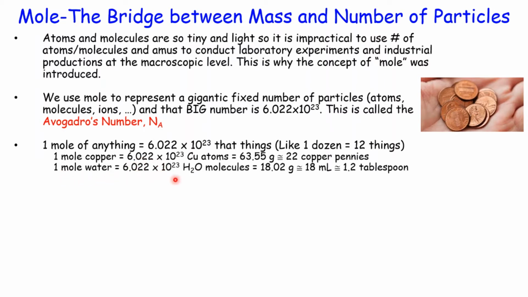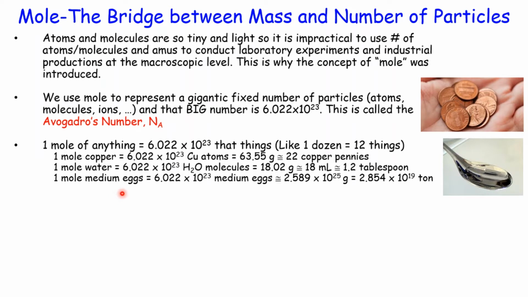Again, it contains 6.022 times 10 to the 23rd water molecules, and that is 18.02 grams. With the density of water at 1, that will be about 18 milliliters, maybe more than a tablespoon. Okay, so that's 1 mole of water.